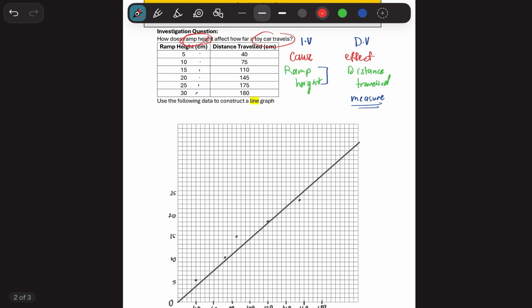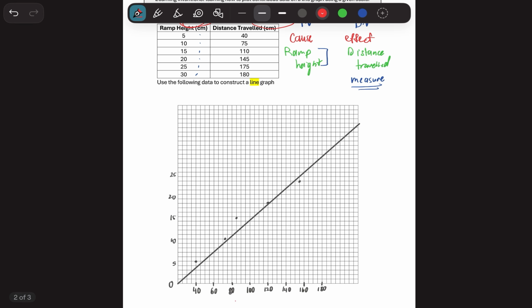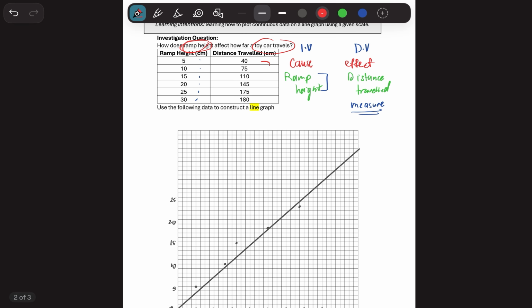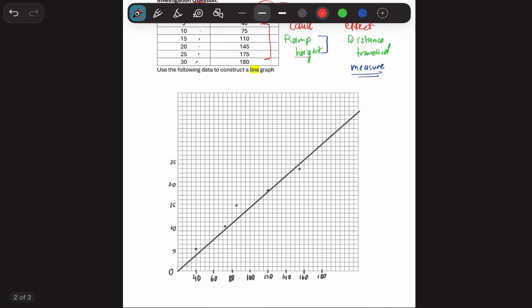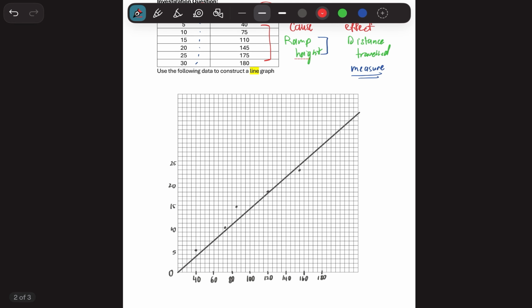First of all, over here, it's not labeled, but this person has graphed the 40, 60, 80, 120, and so on. So it's these numbers for the dependent variable. And we know our dependent variable always has to be on this side. So our dependent variable is on the y-axis, and our independent variable is on the x-axis. So that's our first mistake.